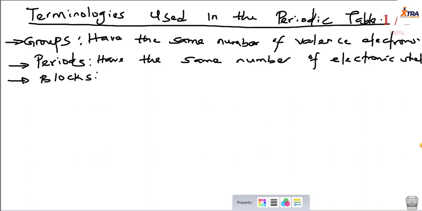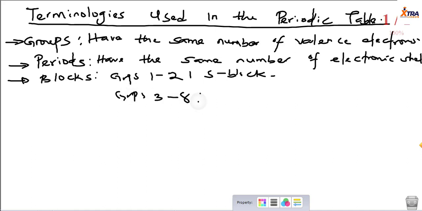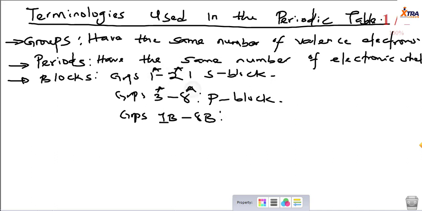As for the block of an element, in the periodic table, groups 1 and 2 are S block. Groups 3 to 8, or to 0, let's leave it that way, are P block. Groups 1B to 8B, while the A groups are 1A, 2A, 3A to 8A, are the transition metals.